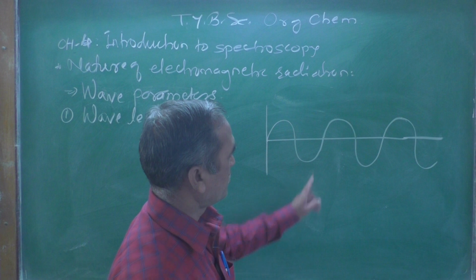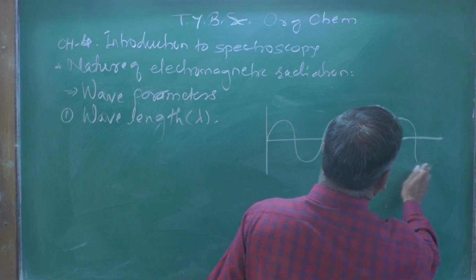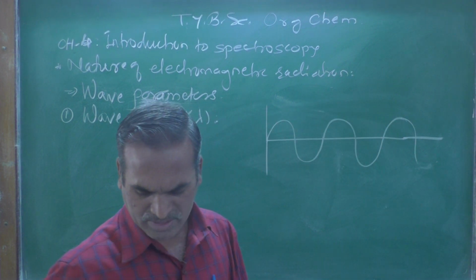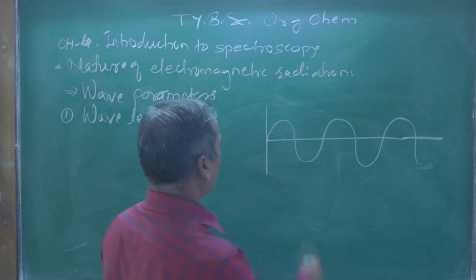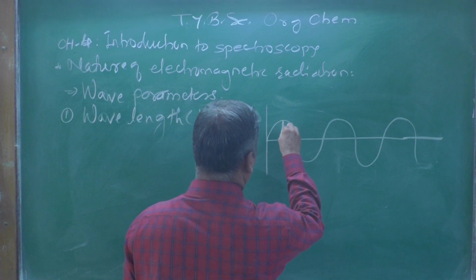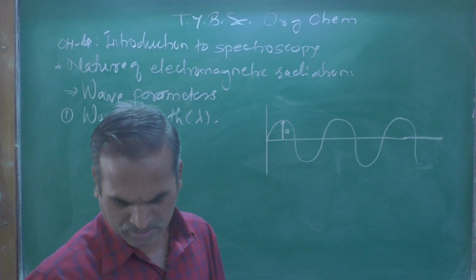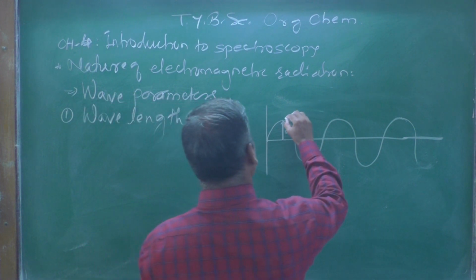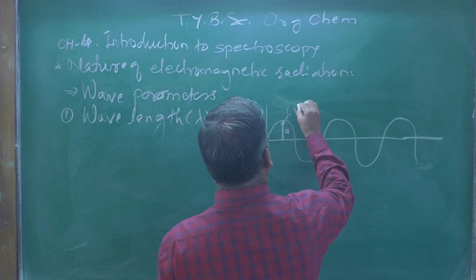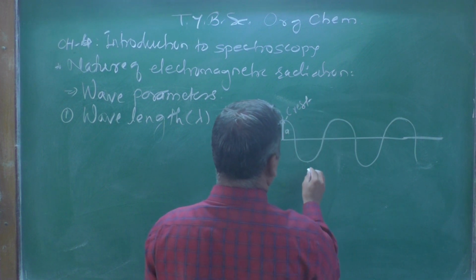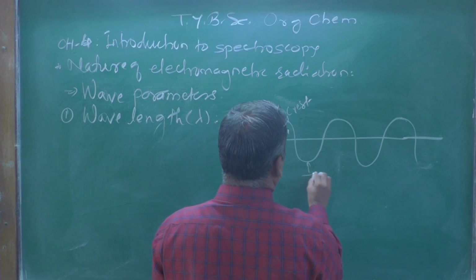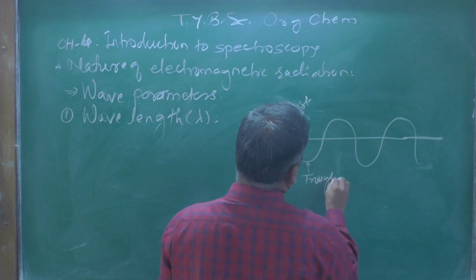Let us see over here. We have shown here, this is one wave. Now here I am representing symbol A, where this mountain is nothing but a crest, and this one is known as trough, T-R-O-U-G-H.